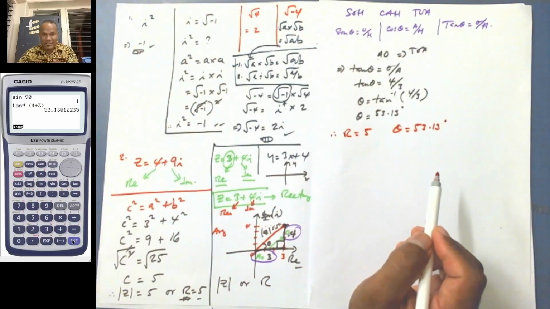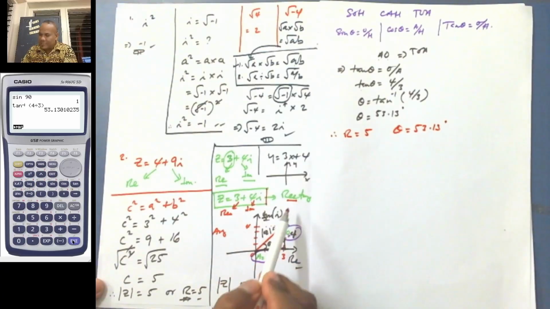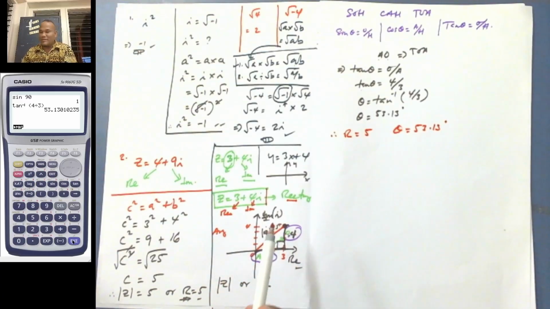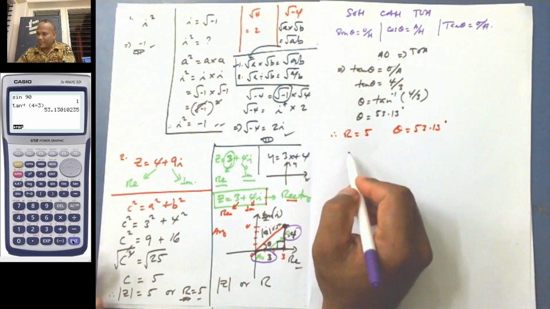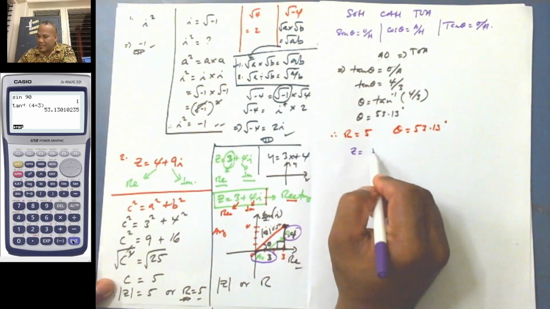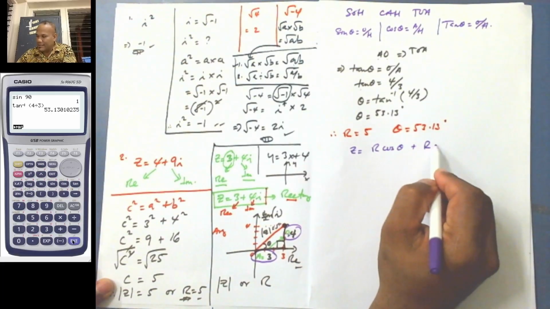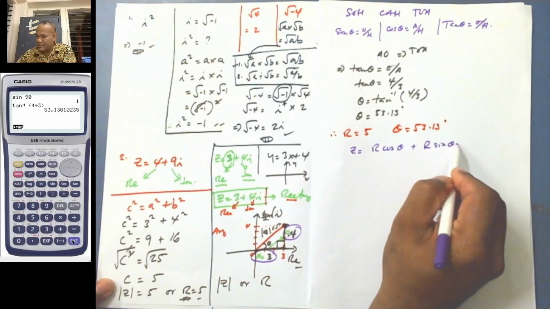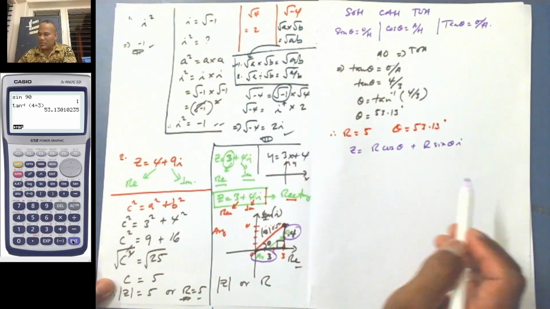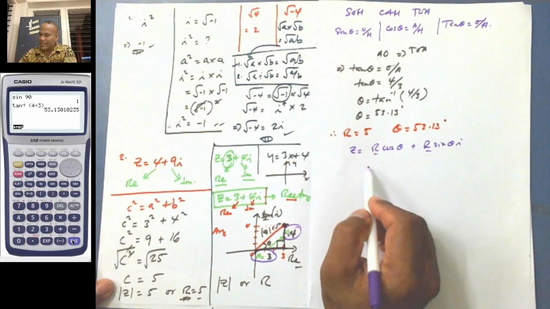The next question they will ask you is convert this value rectangular into polar. So in polar form, the general formula is Z is equals to R cos theta plus R sine theta I. Or they can say, since R is common, we factorize and put R out.